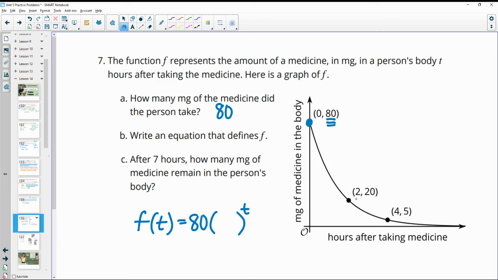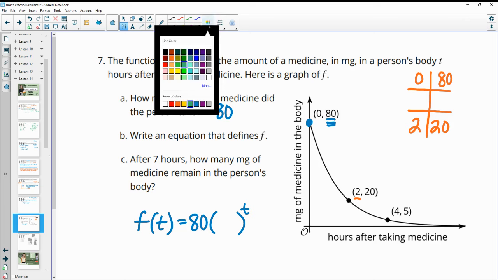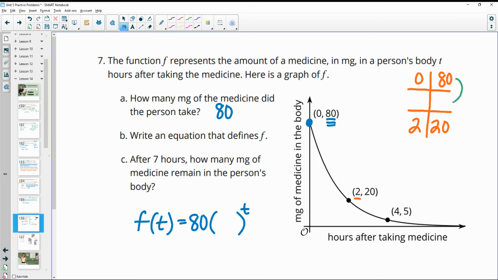So be careful here because this is 2 intervals. It goes from 0 to 2. So when we take and divide these, it's not going to be the growth factor right away. So if we think about this in a table, we've got 0 is at 80, and then we know 2 is at 20. So the growth factor multiplies to get to here and then multiplies to get to here.